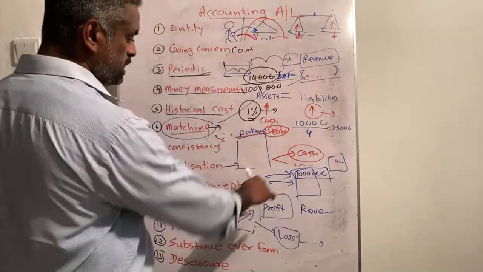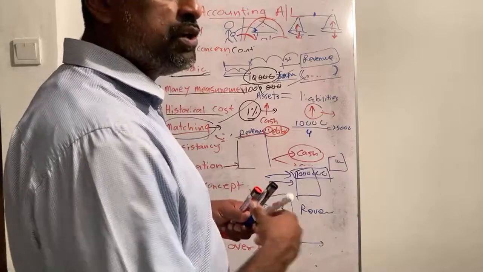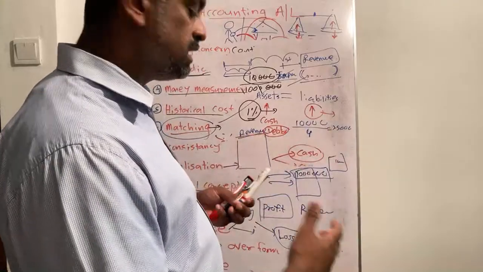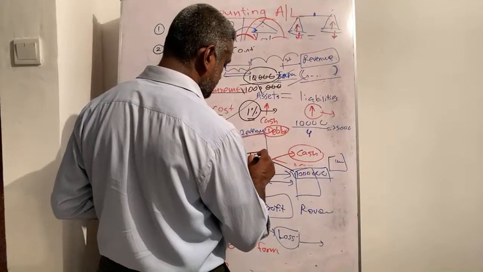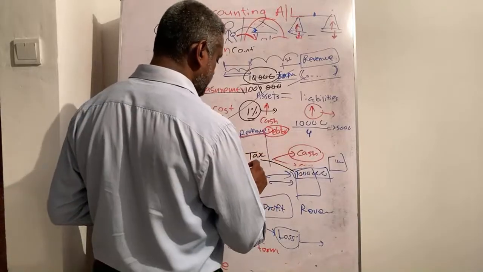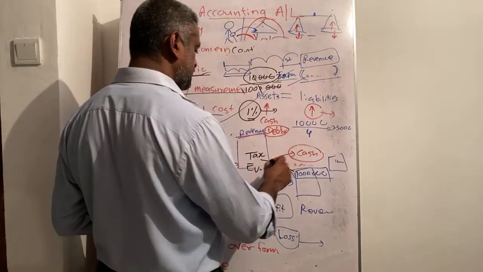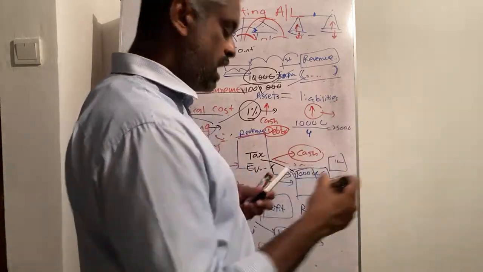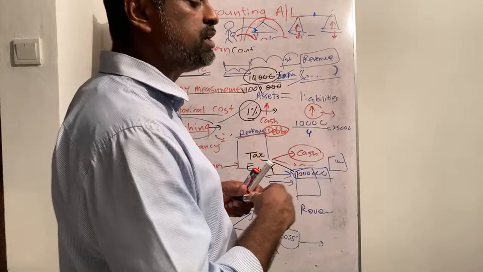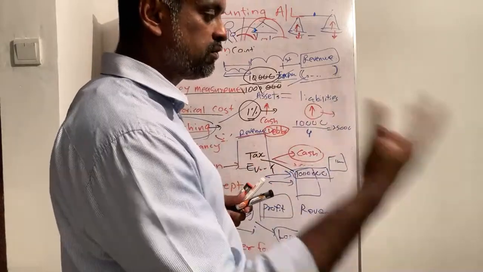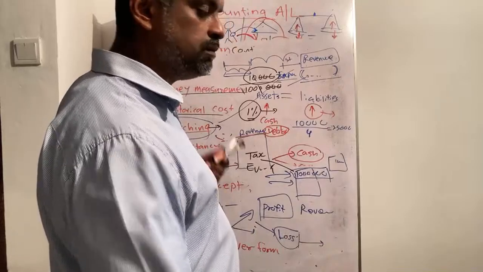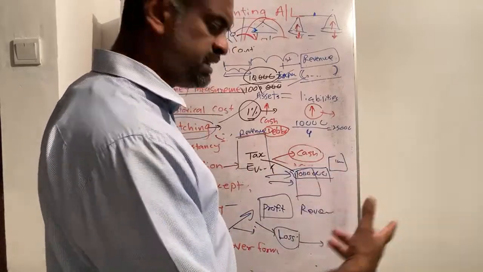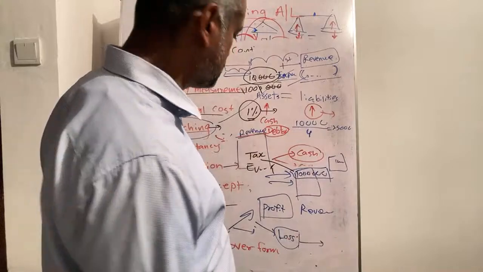That is not prudence, because when you create more and more profits, then what will happen? You have to pay taxes to government, then employees will ask for salary increments. We have gained a lot of profits during this period, we need some salary increment or bonus or whatever.